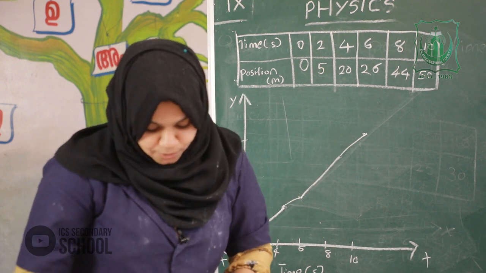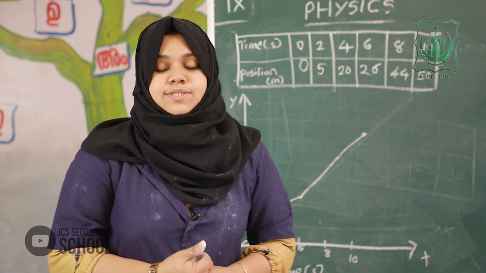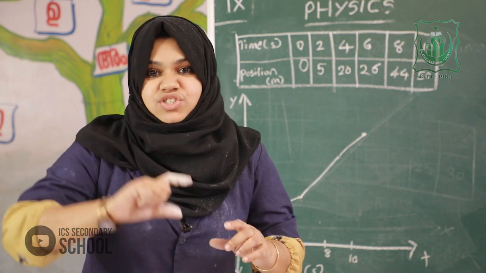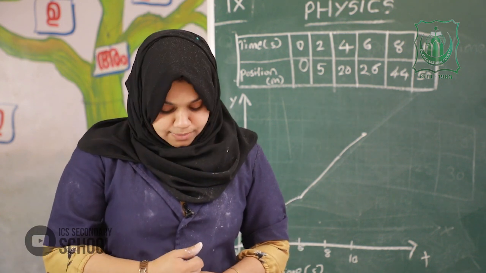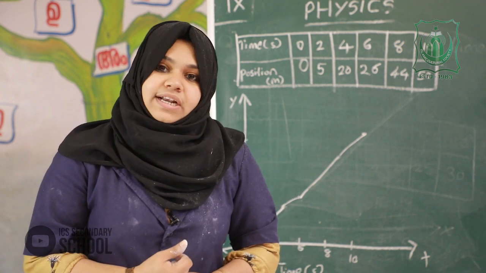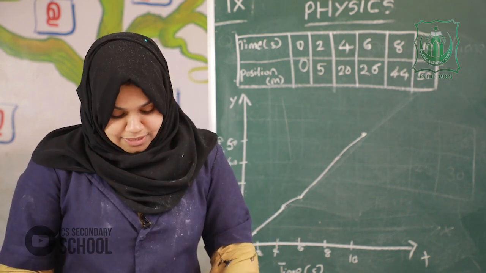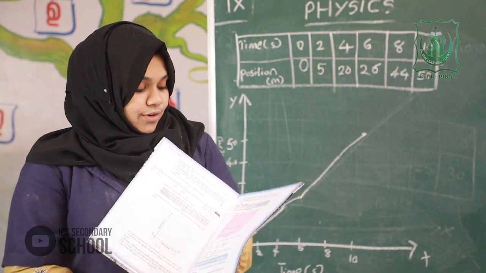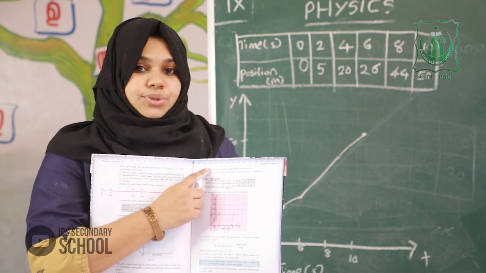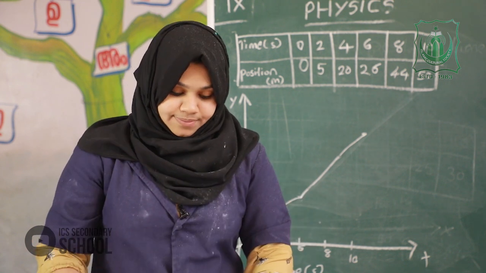In a position-time graph, a body moving with uniform speed gives a straight line, and the body is moving with non-uniform speed when the graph is not a straight line. Got it? All of you do this work and complete these answers.